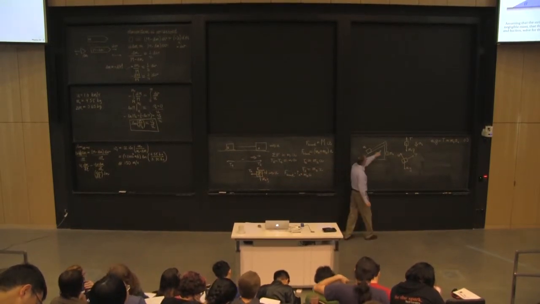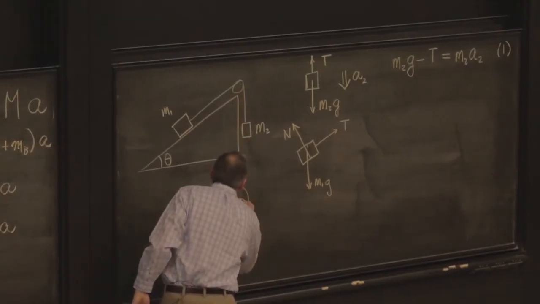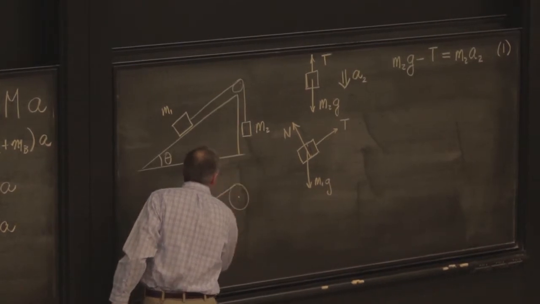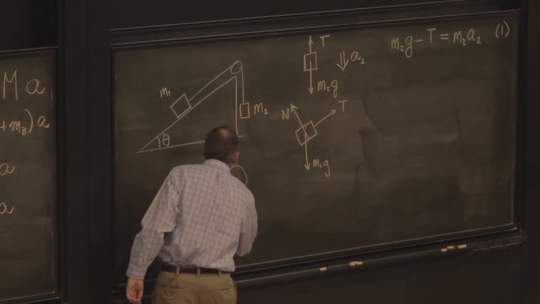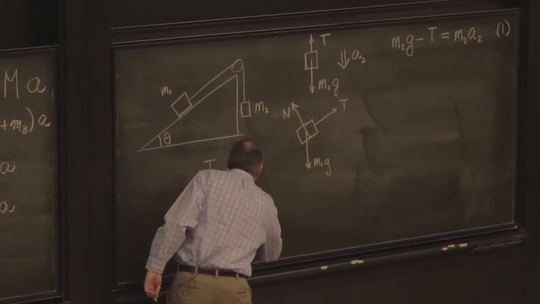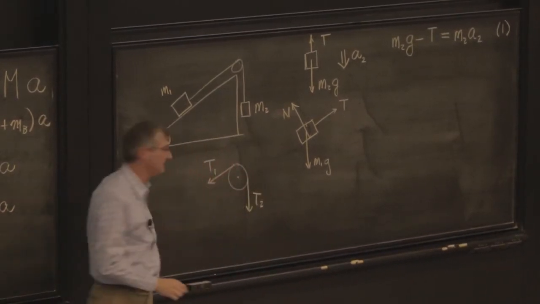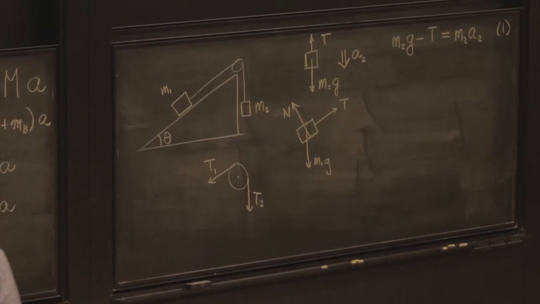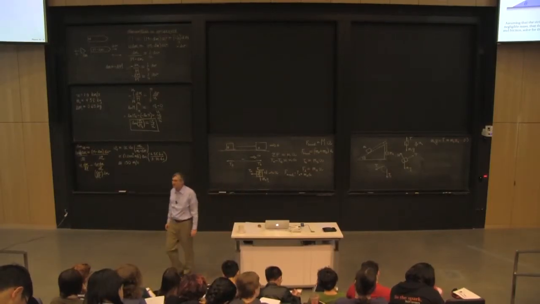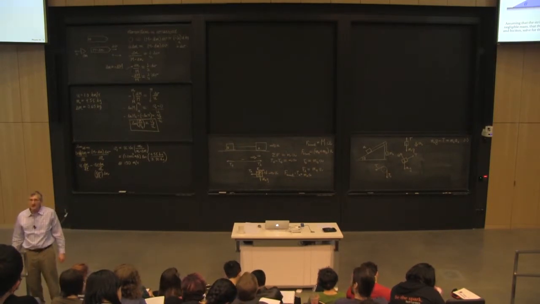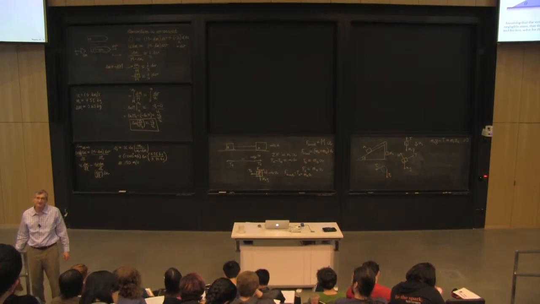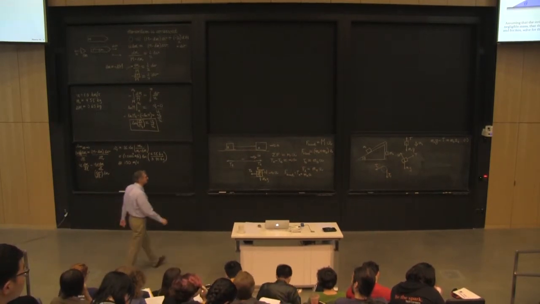But if I were to analyze the pulley now and say, okay, it has a tension force T1 on this side, and it has a tension force T2 on that side, but the pulley has no mass, if T1 is not equal to T2, then the pulley will accelerate infinitely. So we need that the tensions balance around there.